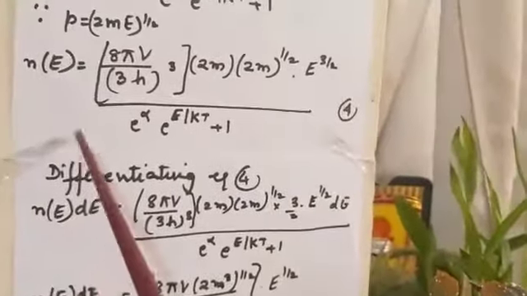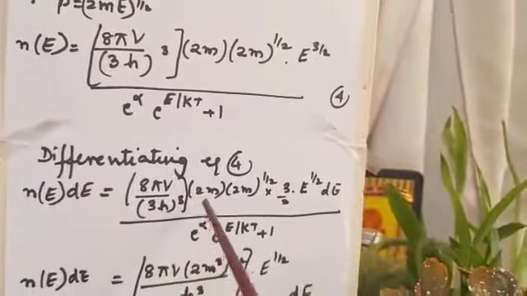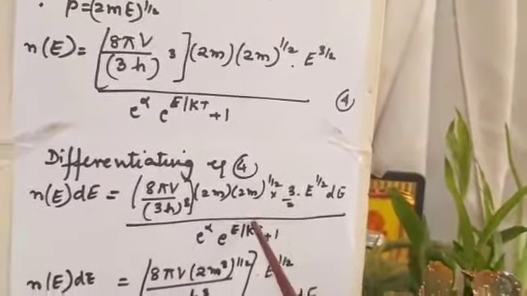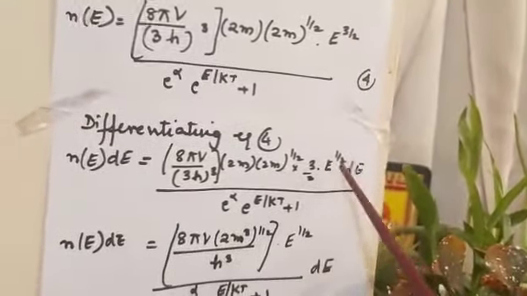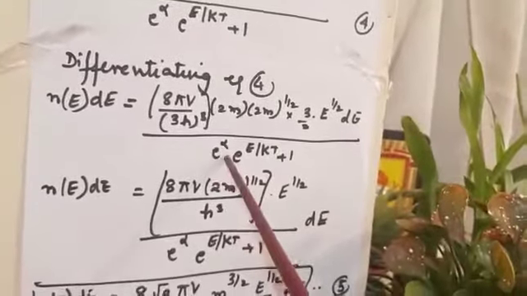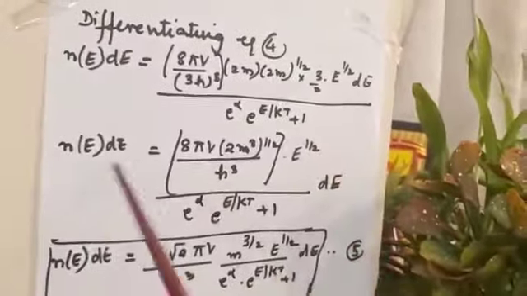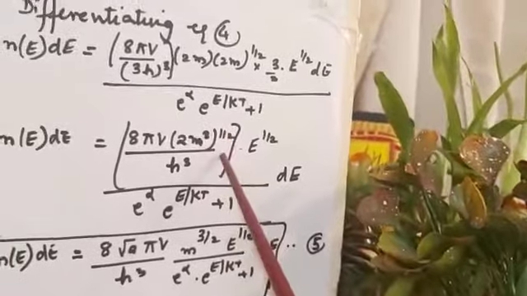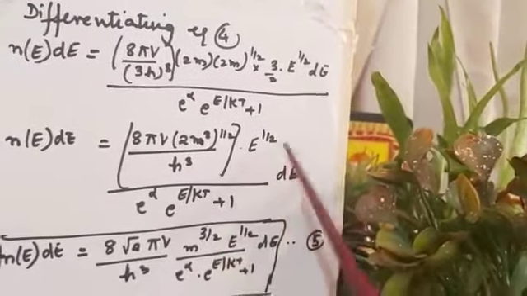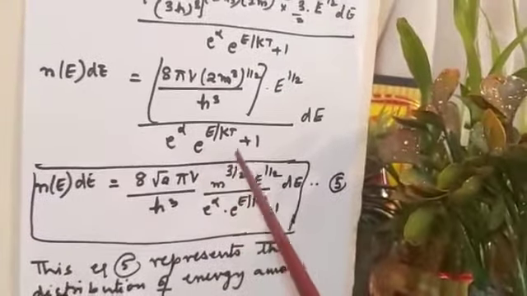Now differentiate equation 4 with respect to E. Then n(E)dE equals 8 pi V by 3h cubed, 2m to the power of 3 by 2, into 3 by 2 E to the power of half dE, divided by e to the power of alpha, e to the power of E by kT, plus 1.